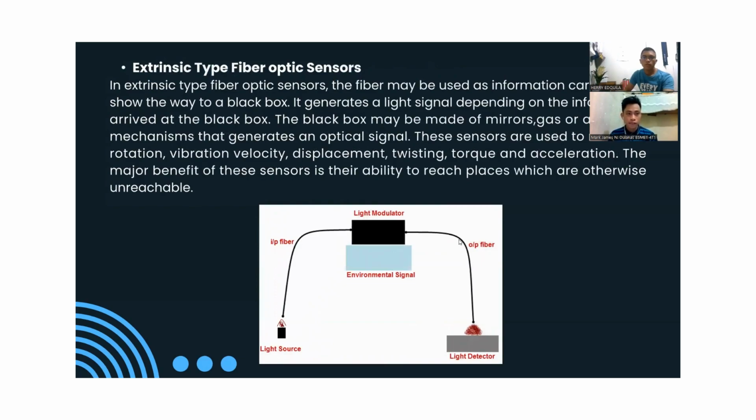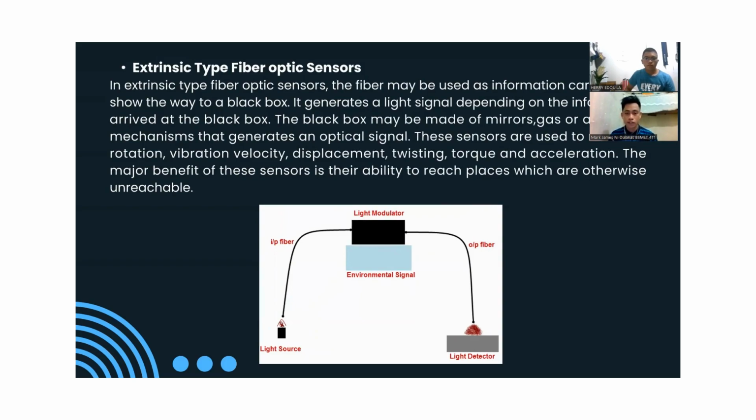Extrinsic type fiber optic sensors. In this type of sensor, the fiber may be used as an information carrier that shows the way to a black box. It generates a light signal depending on the information arriving at the black box. The black box may be made of mirrors, gas, or any other mechanism that generates an optical signal.